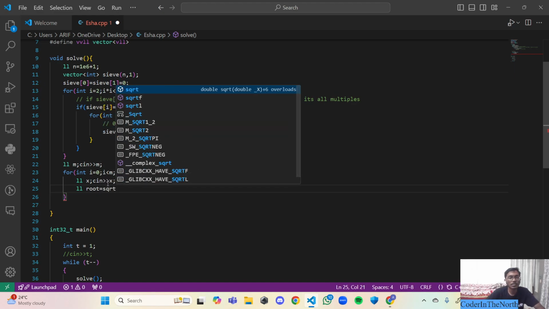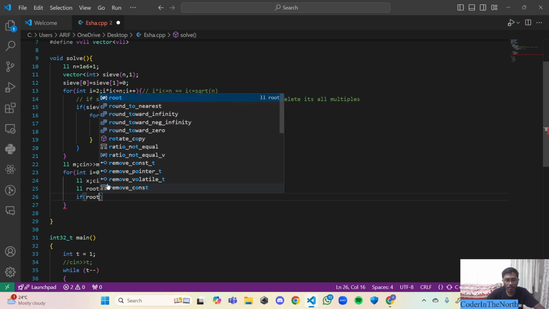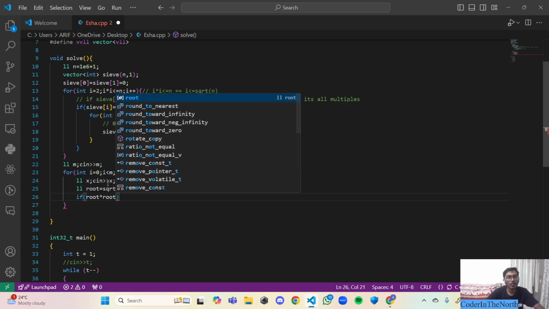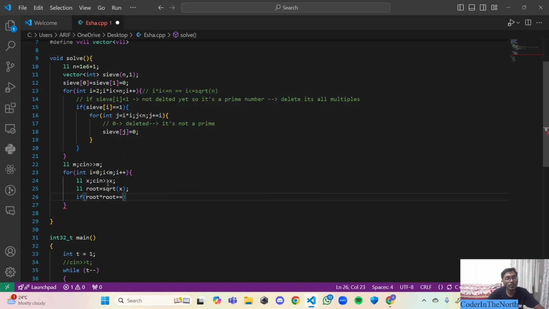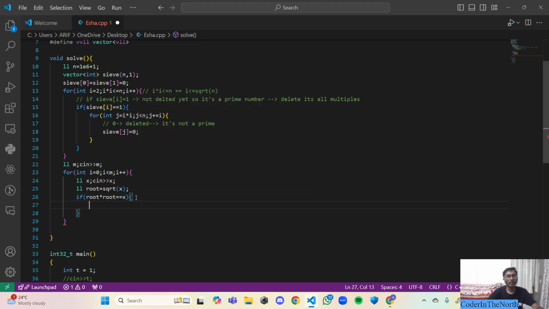What will be the root? There's a single function, square root of x. Now how can we check? If root into root is equal to x, then it's a perfect square.